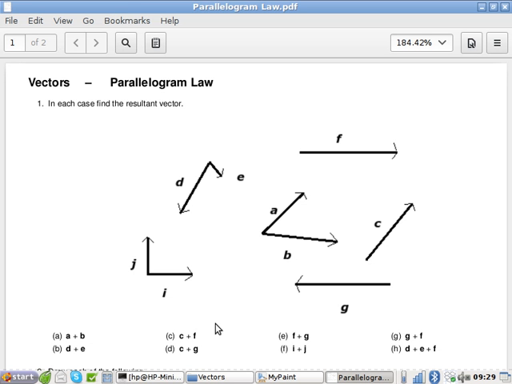You drew them? Okay, so if you want to open up the questions on your phone, because I think it's easier to see the vectors on the board here. I don't want to spend too much time on this because you've done it in physics, so we'll give it 10 minutes and then we'll start the next topic on vectors.